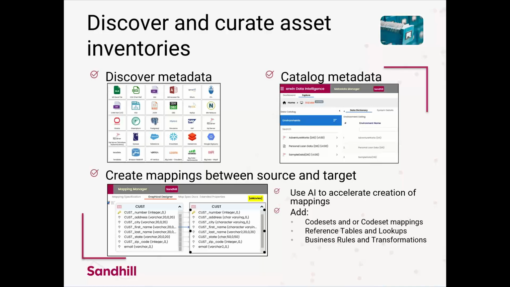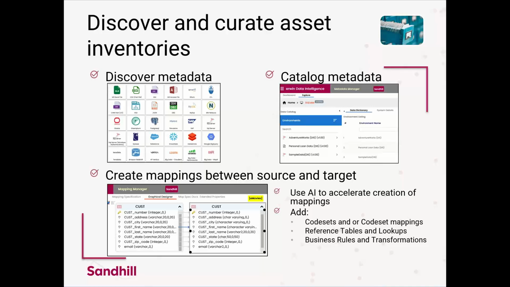Yeah, so that's a good question, because as I was saying before, to actually do the metadata mappings can be a very laborious exercise. So what the Erwin Data Intelligence Suite does is it looks at your metadata, but not just the field names.